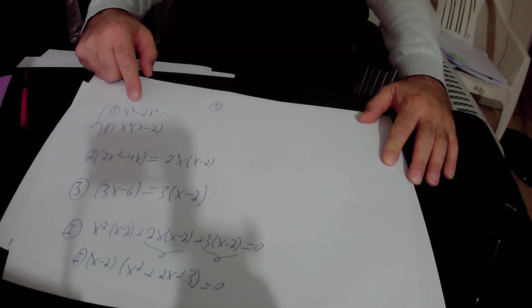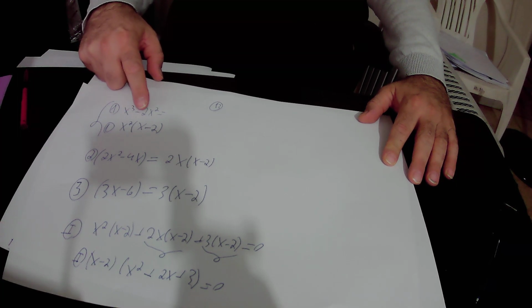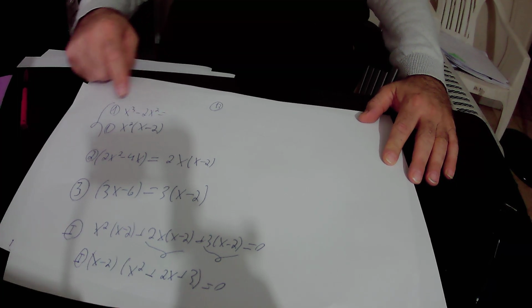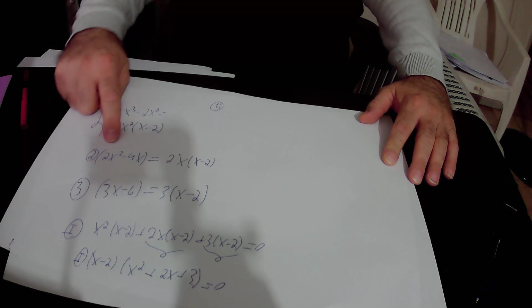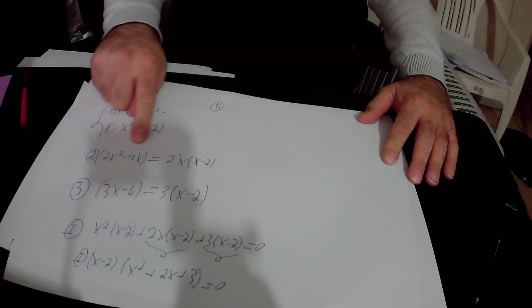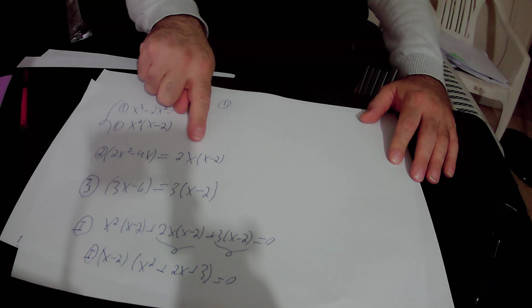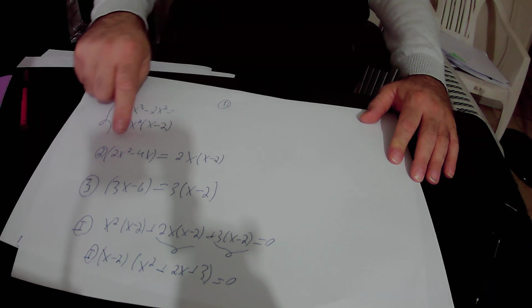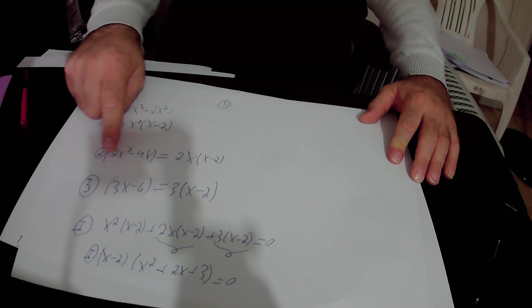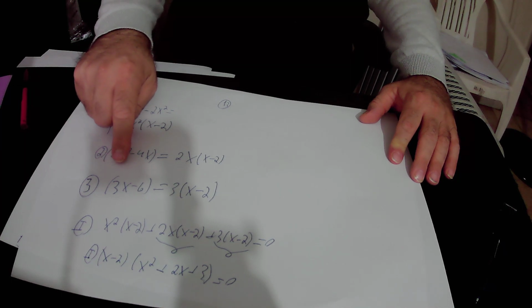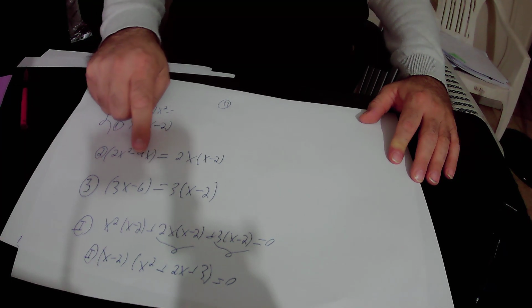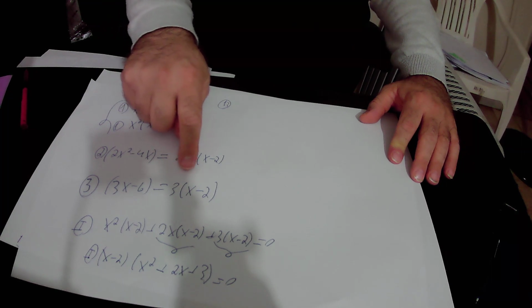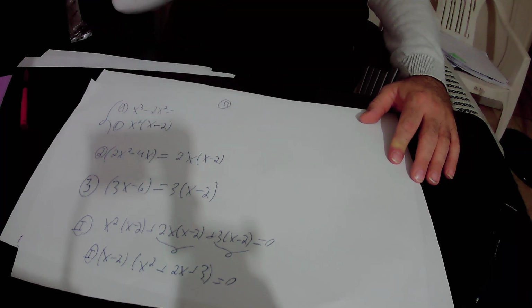So x cubed minus 2x squared equals x squared times x minus 2. And then we took a common factor from the second expression. The common factor is 2x, and inside the brackets we have x minus 2. Then we finally took a common factor from 3x minus 6. The common factor was 3, and inside the brackets we have x minus 2.